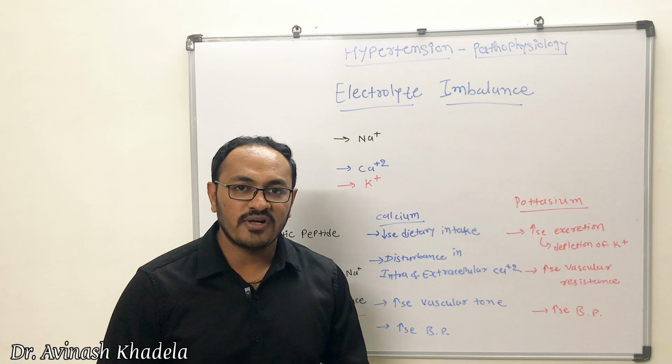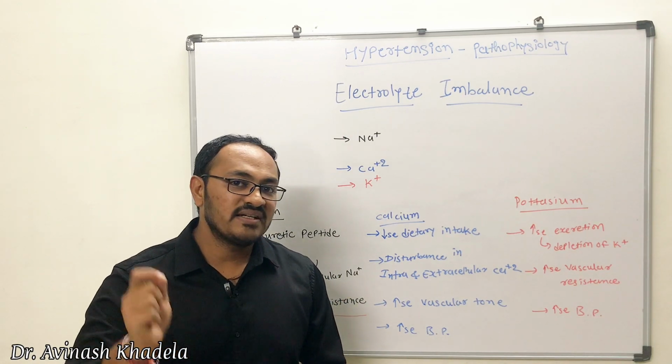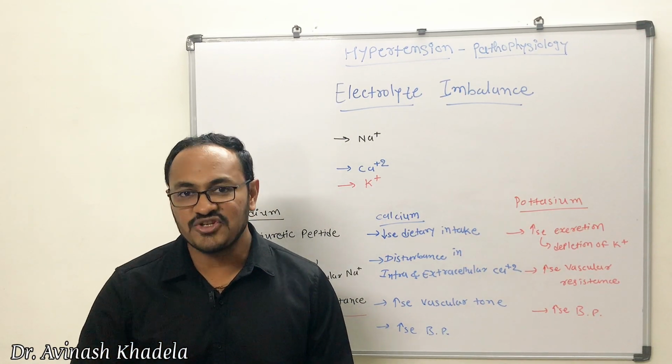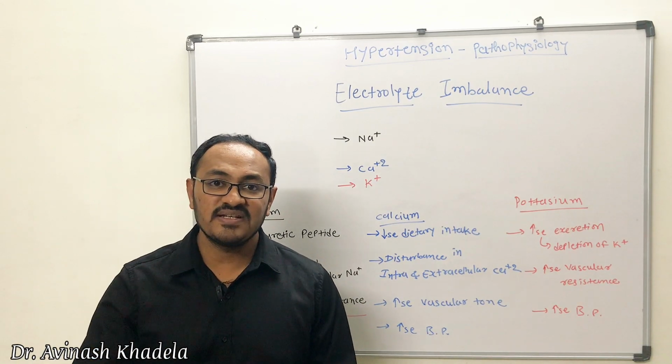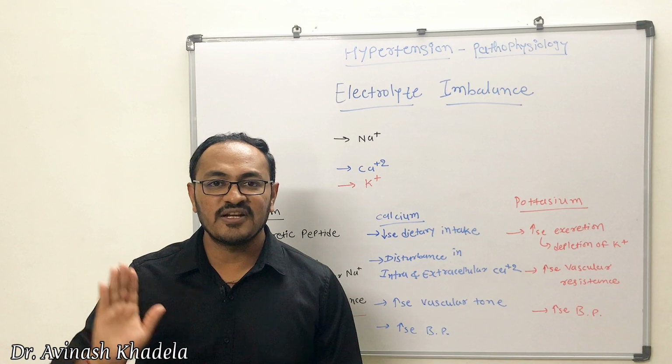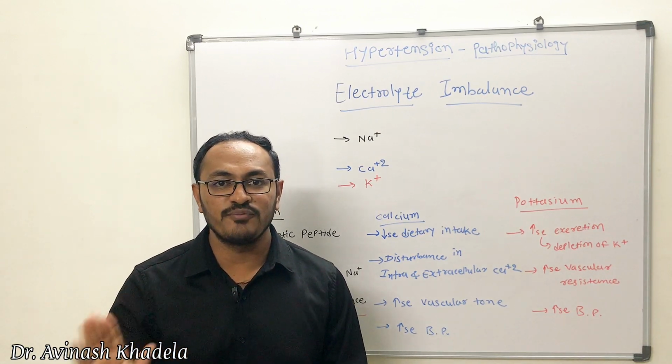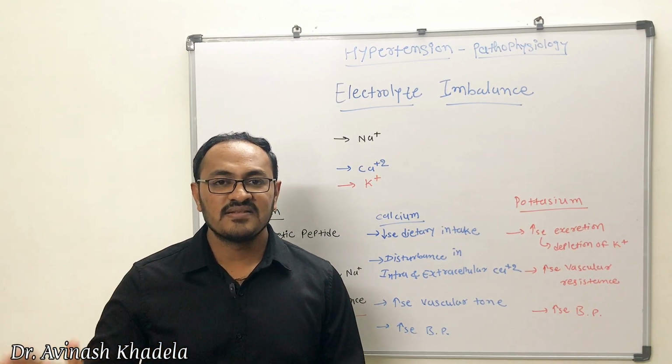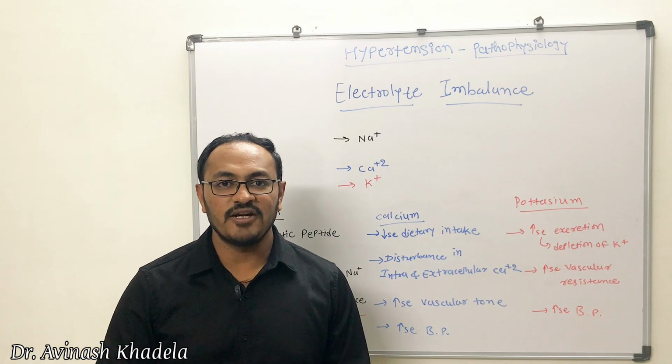Second is calcium. Calcium is a very important component. If there is a dietary deficiency of calcium, or if a person has a thyroid related problem, thyroid hormones are responsible for maintenance of calcium homeostasis, as well as certain kidney related components.